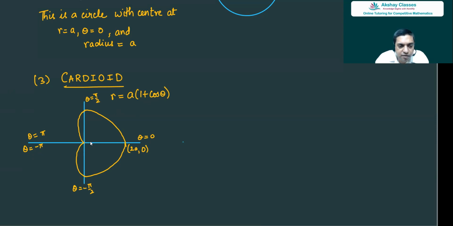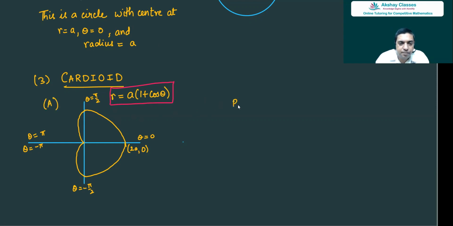If you are approaching the angle this way, it is pi. So this is R equal to a times 1 plus cos theta. This is a cardioid. So this is the equation, and this is the shape of the curve. This is the first type.